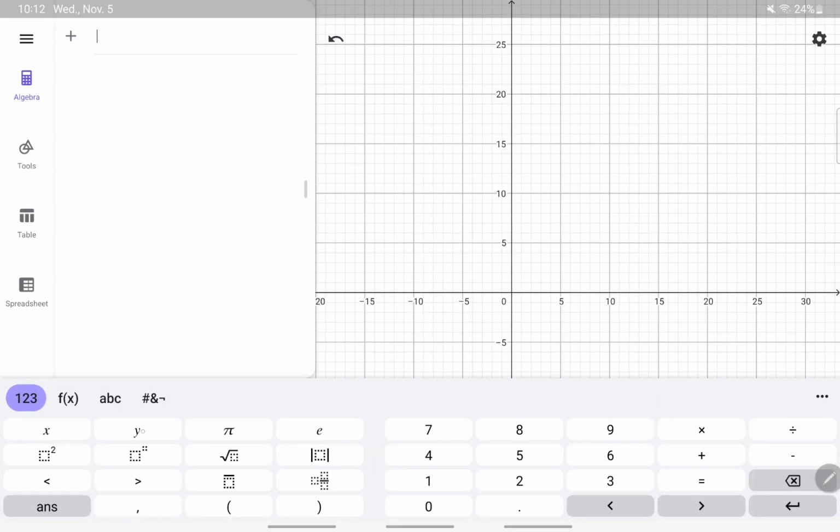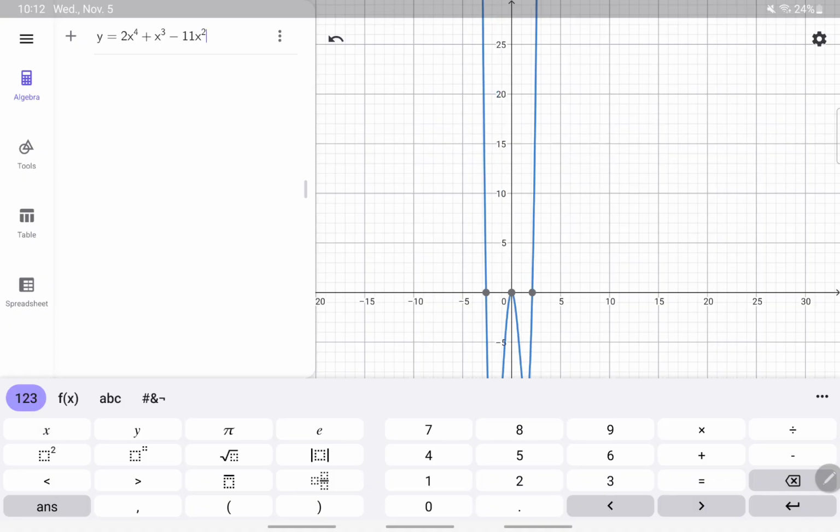So we have y equals 2x to the power of 4 plus x to the power of 3 minus 11x squared plus x plus 2.